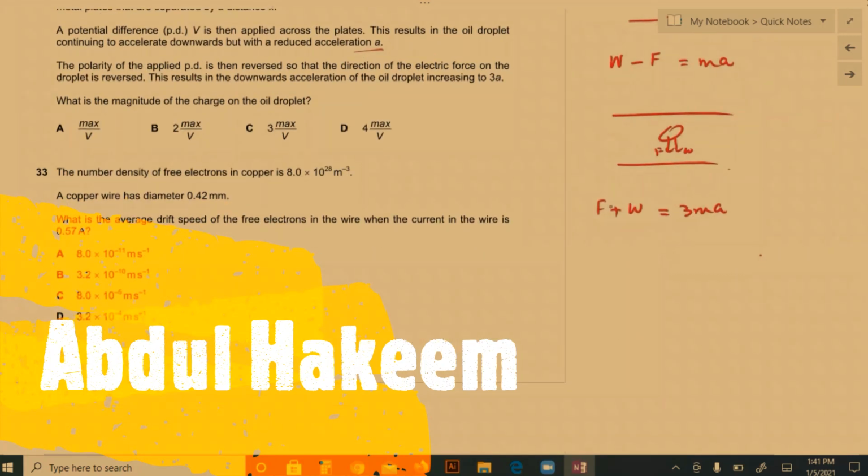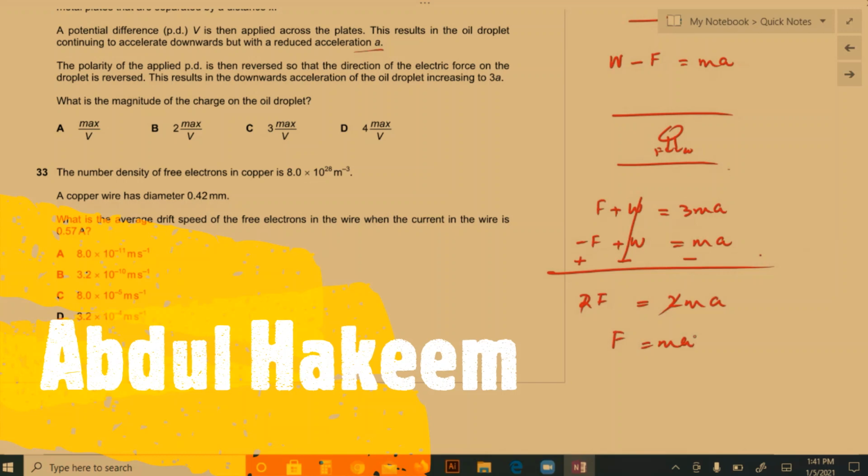Now we can write W minus F equal to ma. We have to eliminate the weight, so change the sign. So this is positive, this is negative, so the weight cancels. It becomes 2F equal to 2ma, so F is equal to ma.